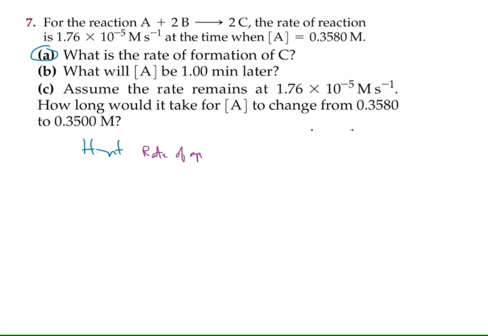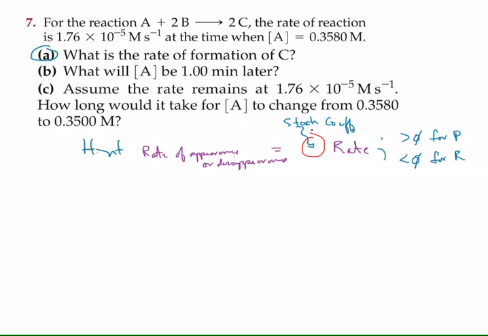Okay, a little bit of stoichiometry given there. It gives the reaction rate. Formation of C. So this one's kind of like what we did over here. It gives you the reaction rate.